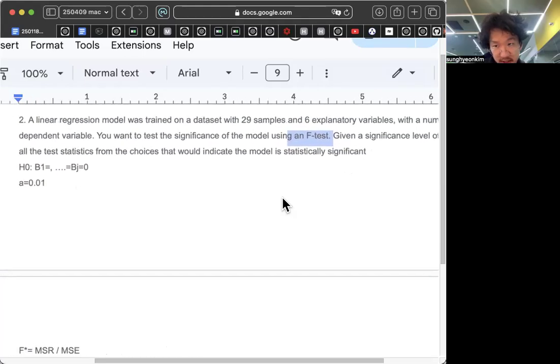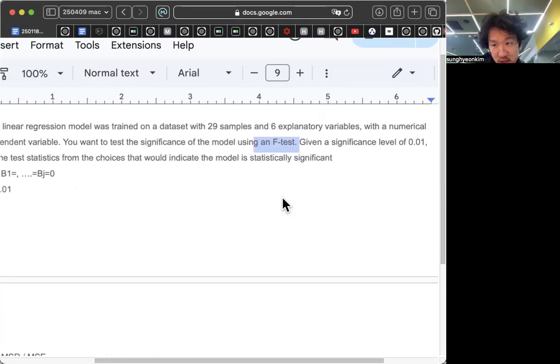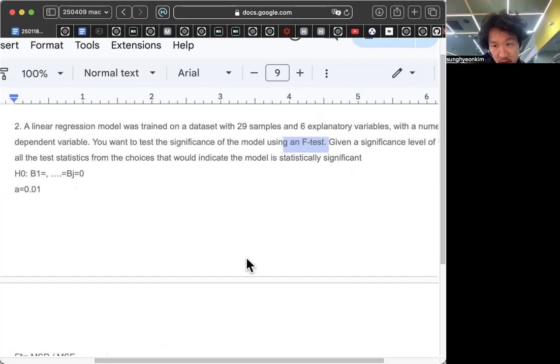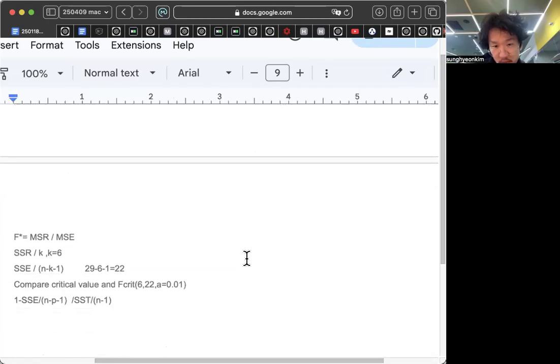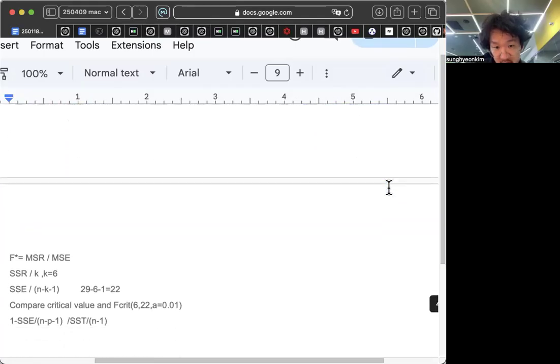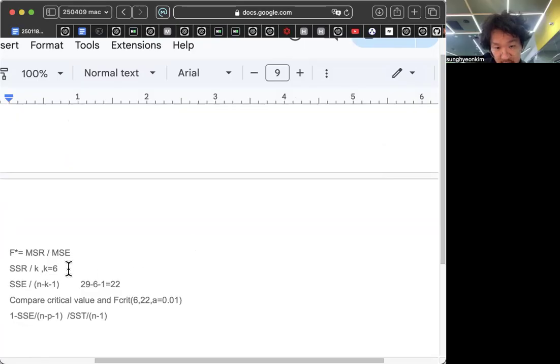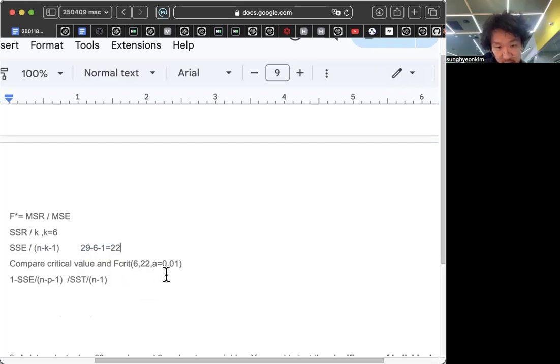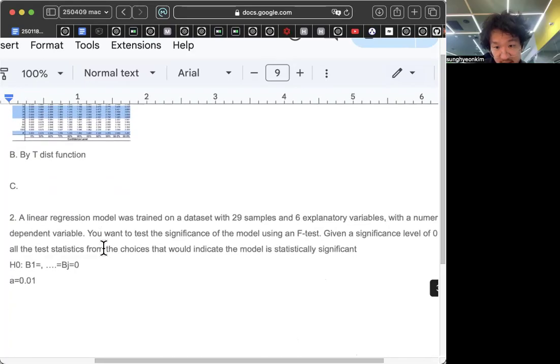Here, if your significance level equals 0.01, the F statistic equals MSR over MSE. The number of explanatory variables is 6, so SSR divided by 6, and SSE divided by 29 minus 6 minus 1. And we can calculate the SSR and SSE.